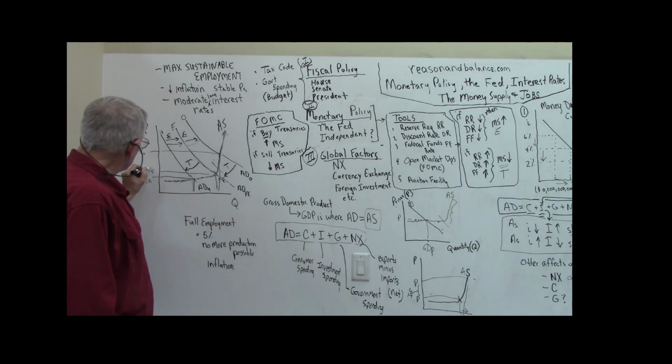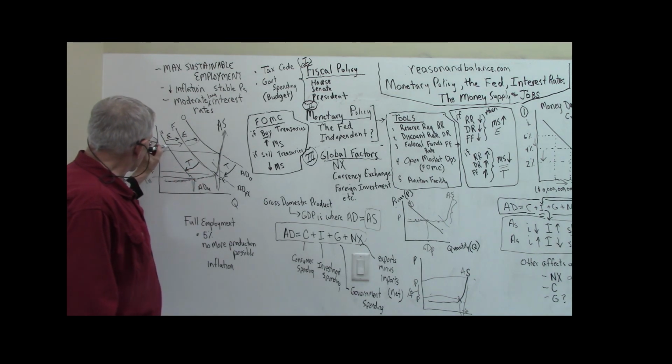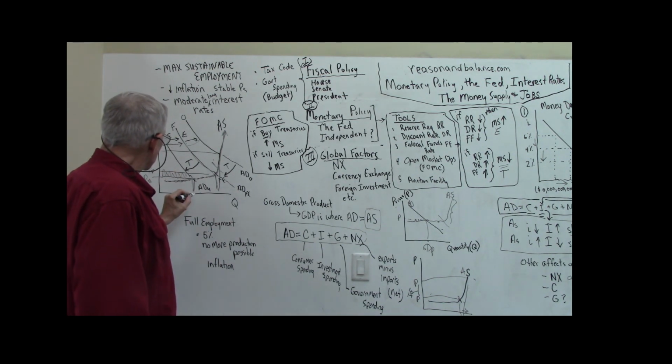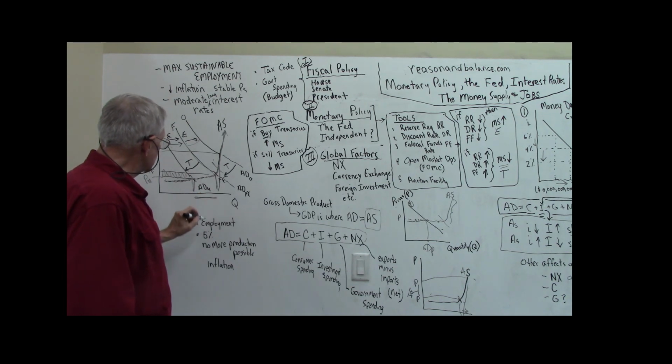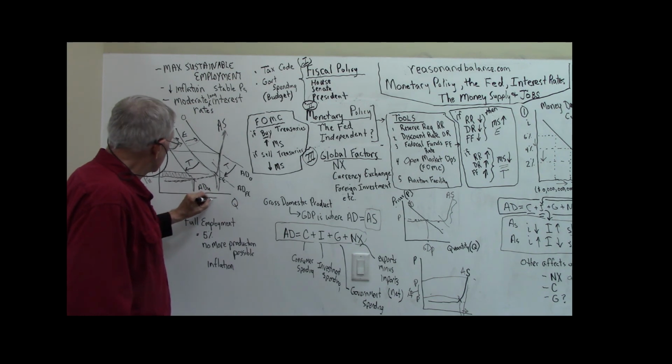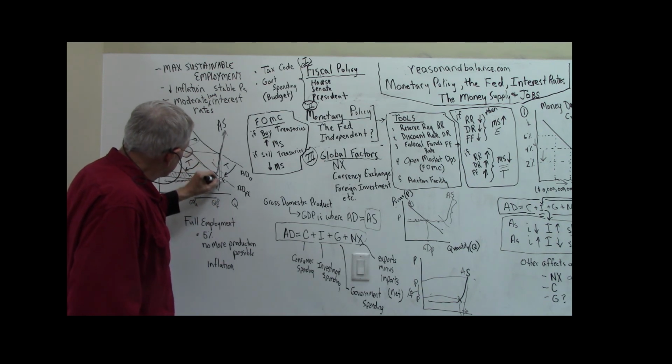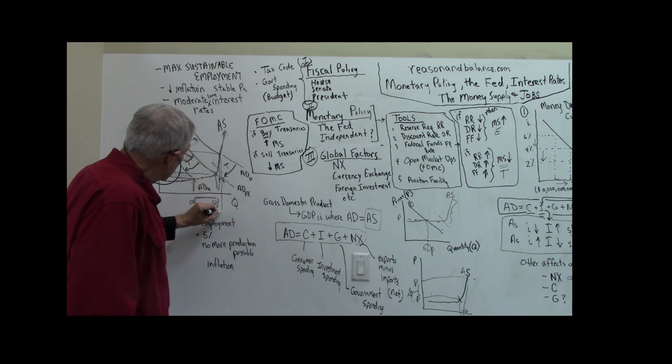To go from PU to PF in prices, and go from here to here, you only have this much of an increase in prices, and you get this much of an increase in GDP. You go GDP underemployment, GDP full employment, and then the problem here is you get overheated GDP.